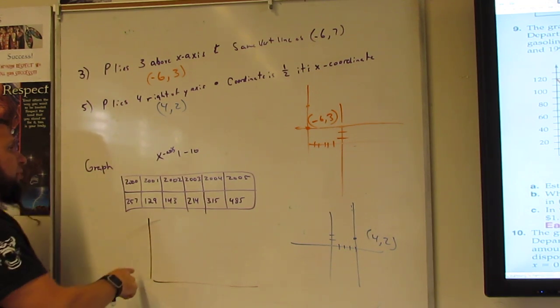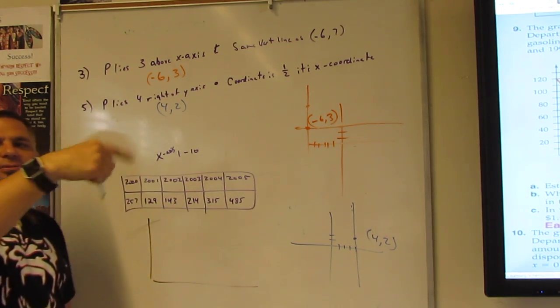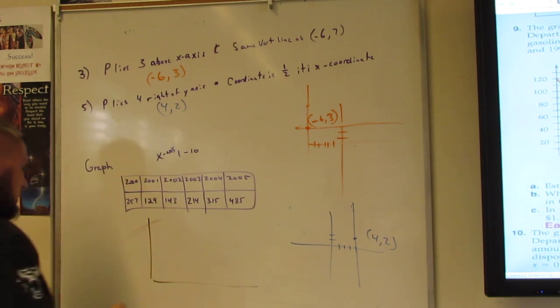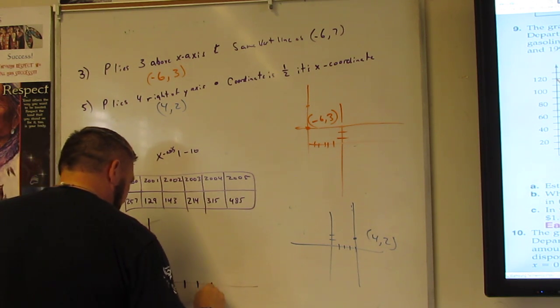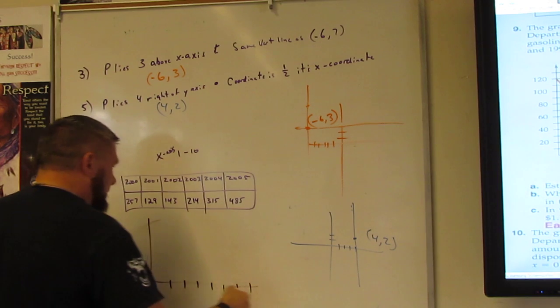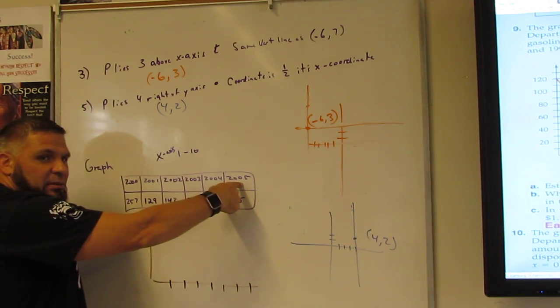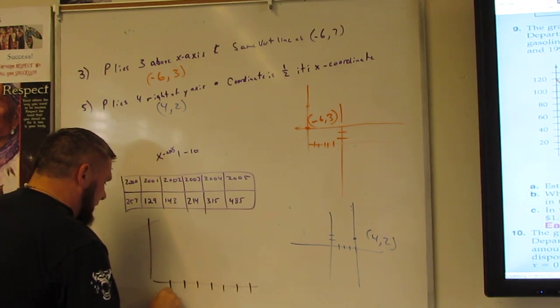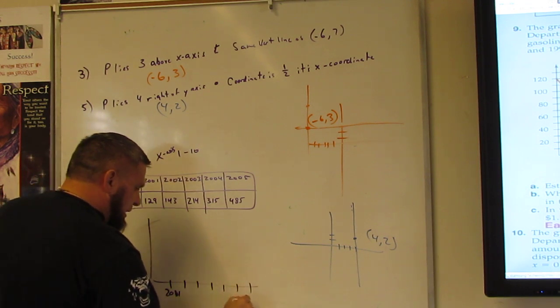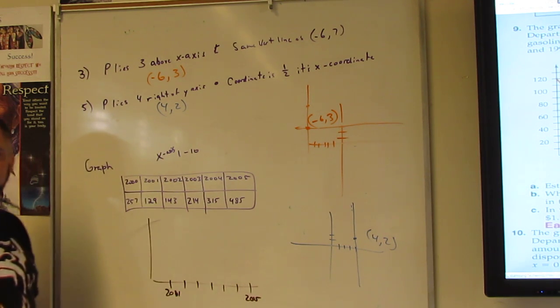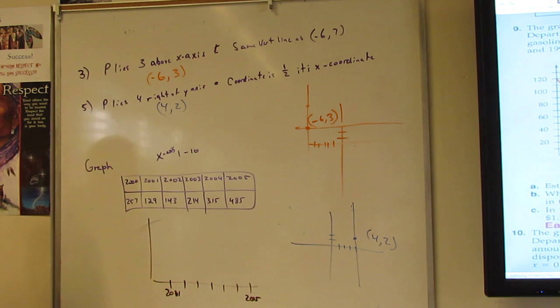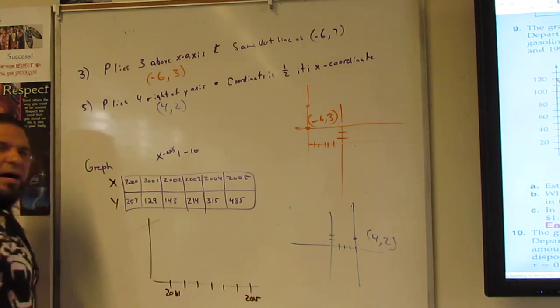But they want you to do, the x's go 1, 2, 3, 4, 5, 6, 7. Well, we really only have to go to 5, right? Because we'll just go 2001 to 2005. Does that make sense? So this is our x, and this is our y.